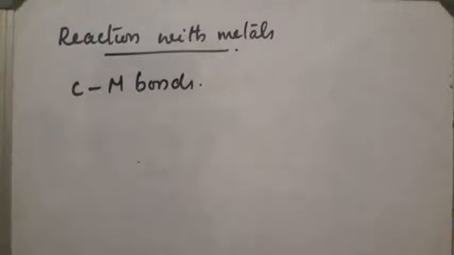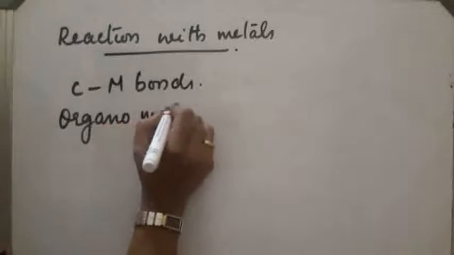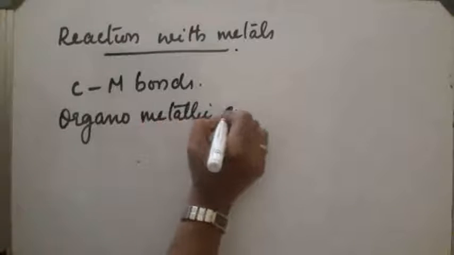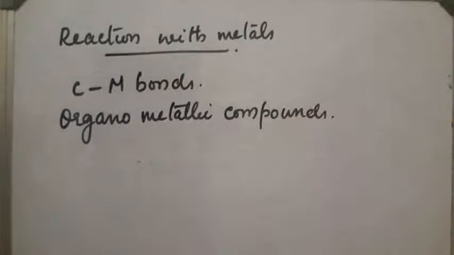Some alkyl halides reacting with certain metals form compounds which contain carbon-metal bonds. Such compounds are called organometallic compounds.